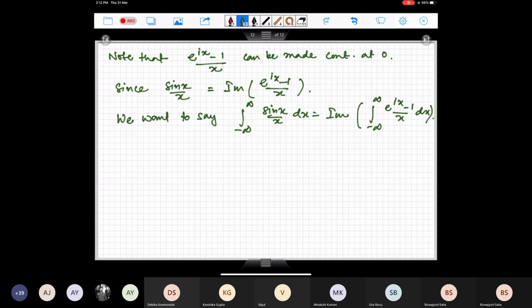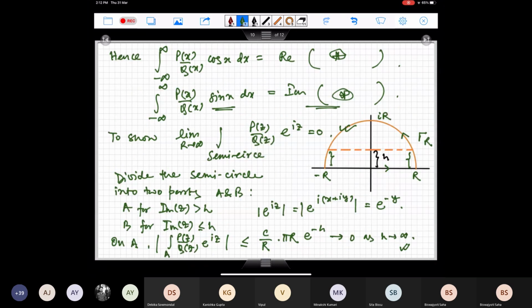And anyway, as you can see, sine x upon x is an even function. Okay, so let's see if I can really make sense of this integral. So consider the contour. I will take a similar contour.